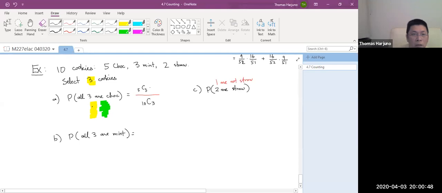We select 3 from here and none from the other, right? So 5 choose 3 times 5 choose 0, which we can omit because that equals 1. Remember that? So if you omit that 5 choose 0, you're fine. Now 5 choose 3 is 10, and 10 choose 3 is 120. So this equals 1 over 12.